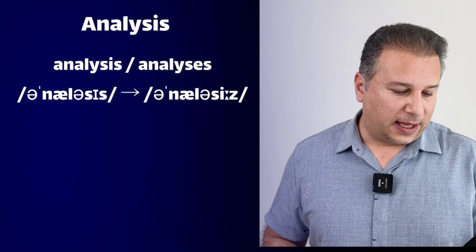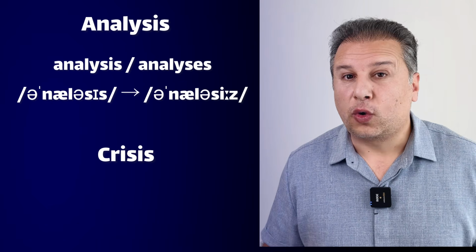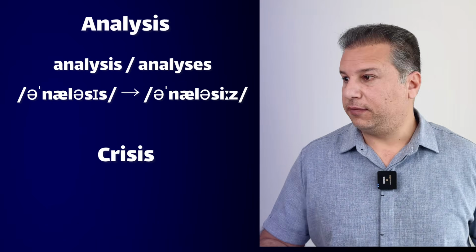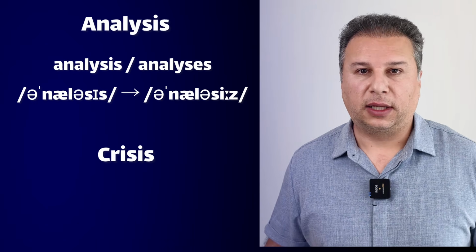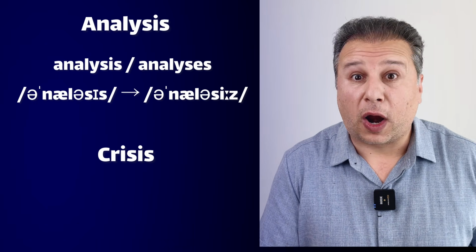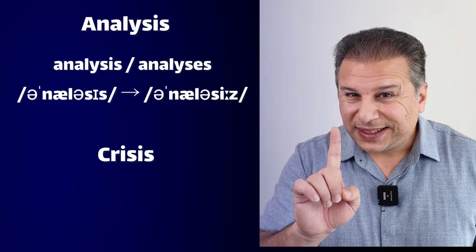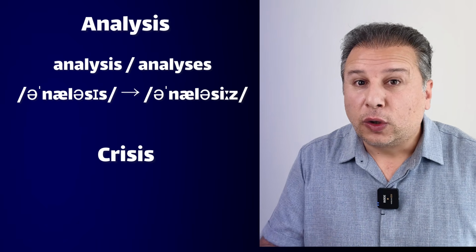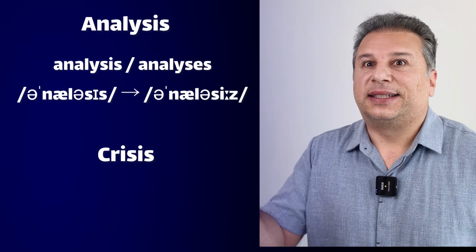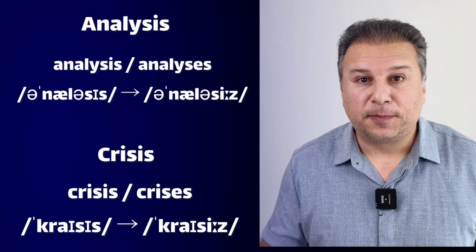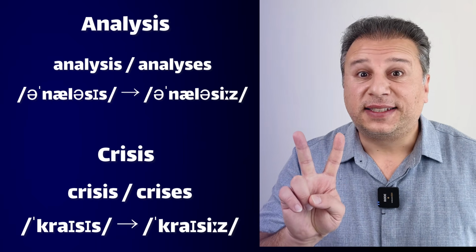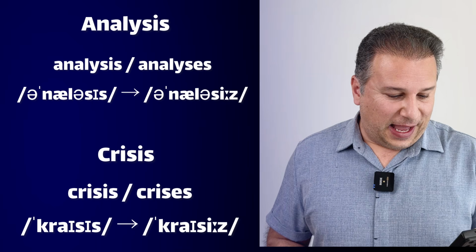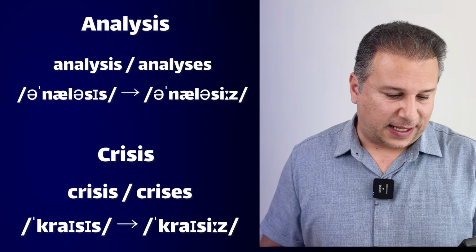And number 10 is the same. Crisis. Crisis means a very big, huge problem, like economic crisis. So crisis, like the previous one, analysis. So the plural is not crisis, it's crises. Crisis, crises.